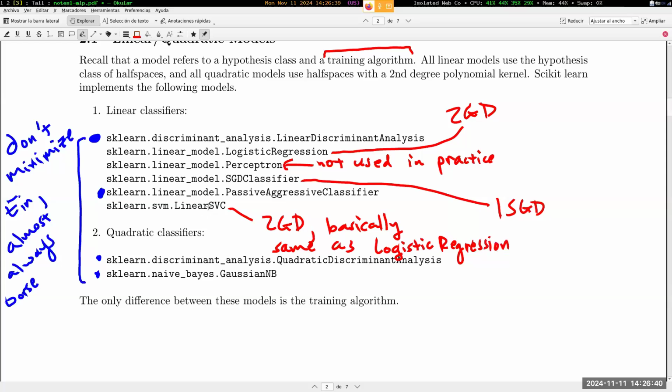The difference is that it uses the hinge loss instead of the logistic loss. The SGD classifier lets you specify which loss you're using, so it is the SGD version of both of these two implementations.